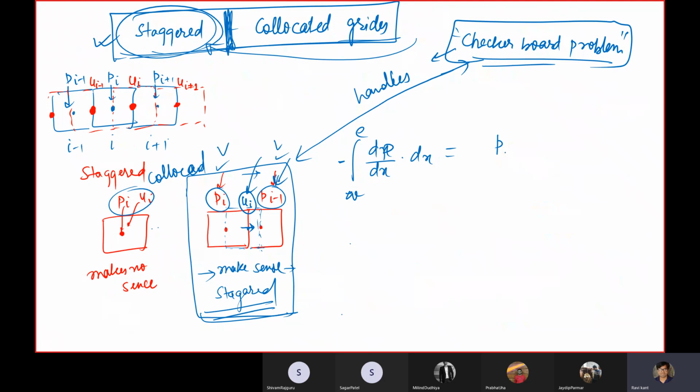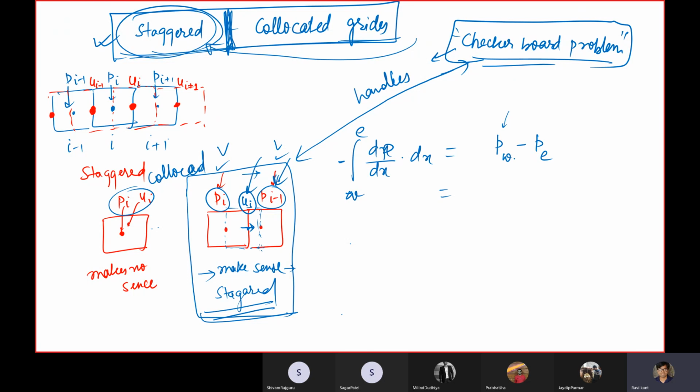Okay, so you may write p small w minus p east small e. So this p is not the Pth control volume. This corresponds to pressure. Okay, small p. So whenever I write capital P, this corresponds to the Pth control volume. Whenever I write small p, it corresponds to pressure. That's it. So these two you should not confuse.